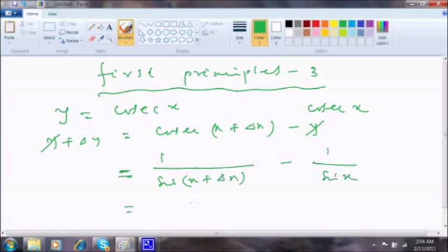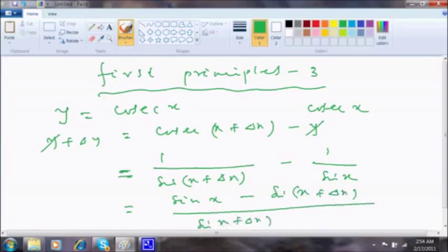So this becomes sine of x minus sine of x plus delta x divided by sine of x plus delta x into sine x. This is the normal LCM.